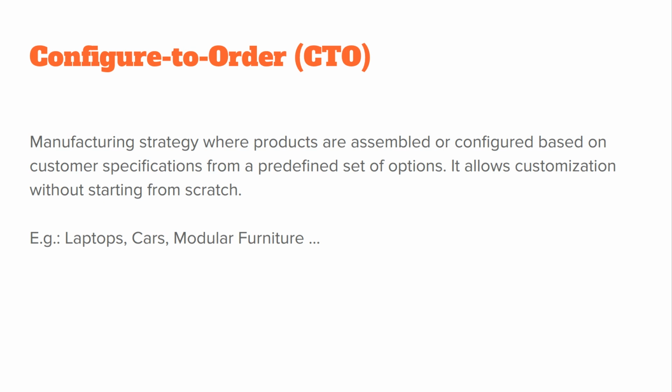And so what I mean by this is you have configure to order. These are products that have a predefined set of options. Like in Odoo, of course, you have attributes, and attributes generate variants. And so doing that, you would trigger the manufacturing orders.